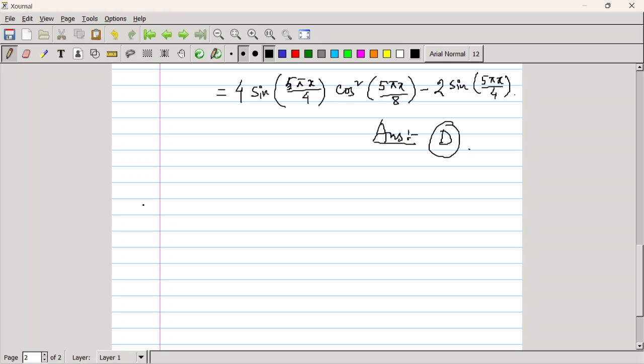So number 8. What is the solution by the method of separation of variables? What is the general solution?